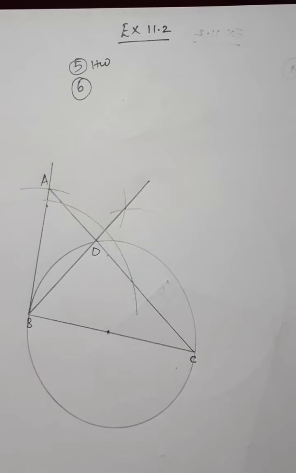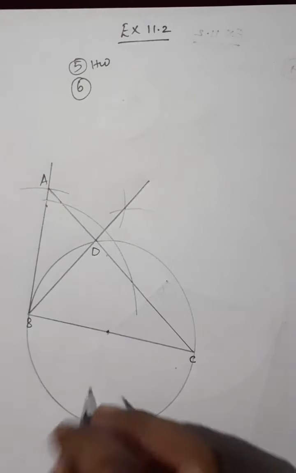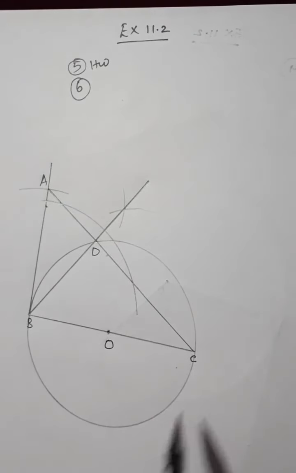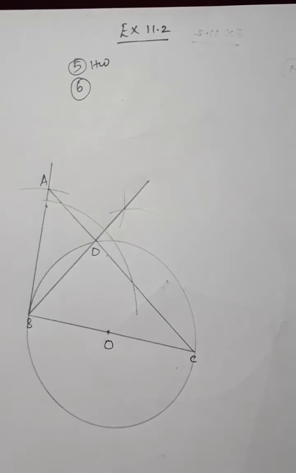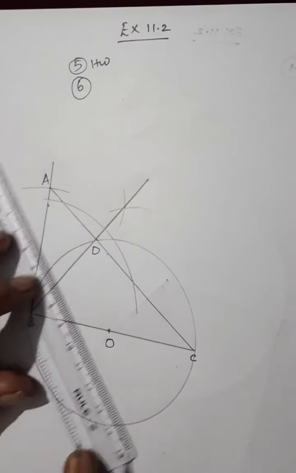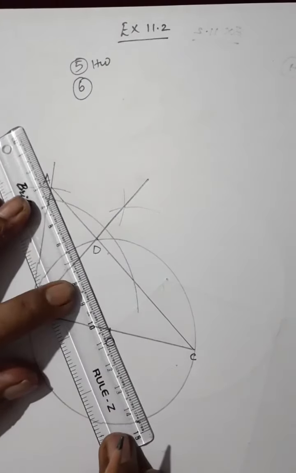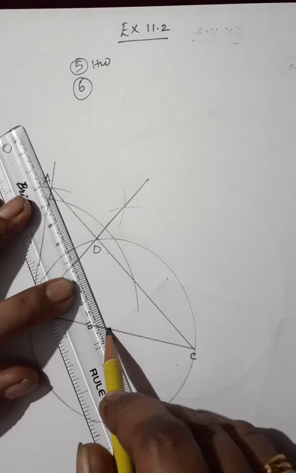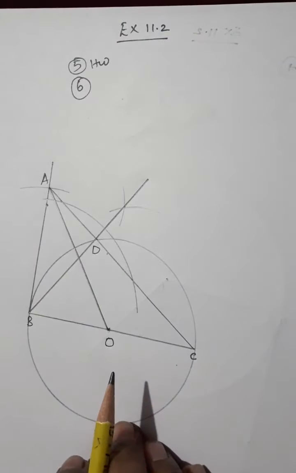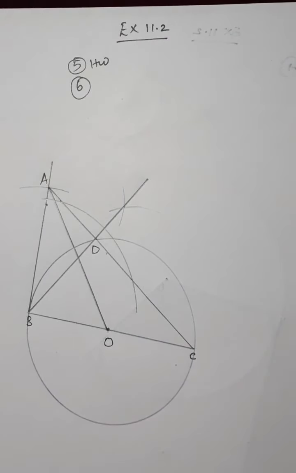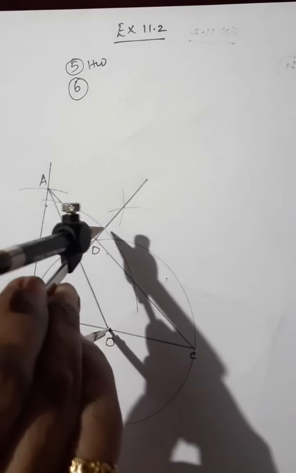If this is the center, call it O. To construct a tangent from A, first step, join O to A with the scale and pencil, draw AO. First step, center to that particular point. Then what is the next step? Construct the perpendicular bisector of this OA.